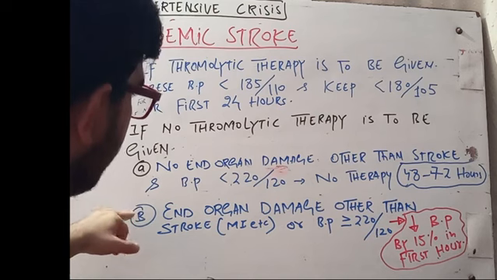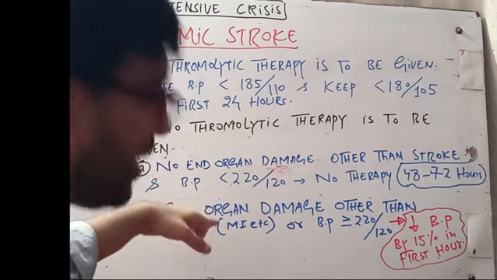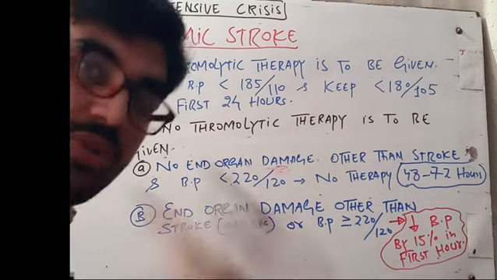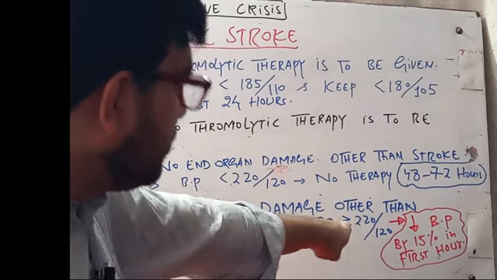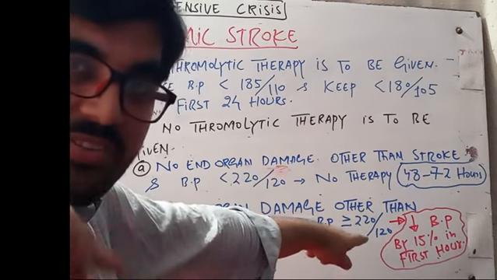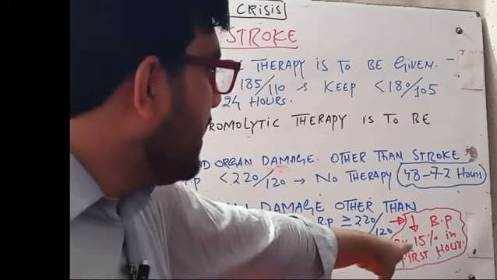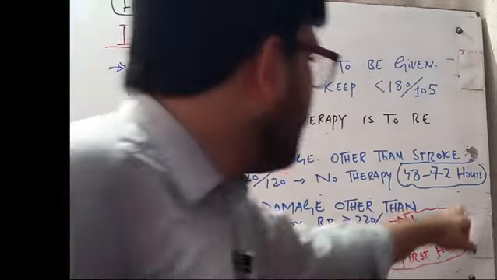Option B is, if there is end organ damage other than stroke, that is MI or acute LVF or acute renal failure, and BP is equal to or more than 220 by 120. What is the best next step? Decrease the BP by 15% in the first hour. Now this is very important.